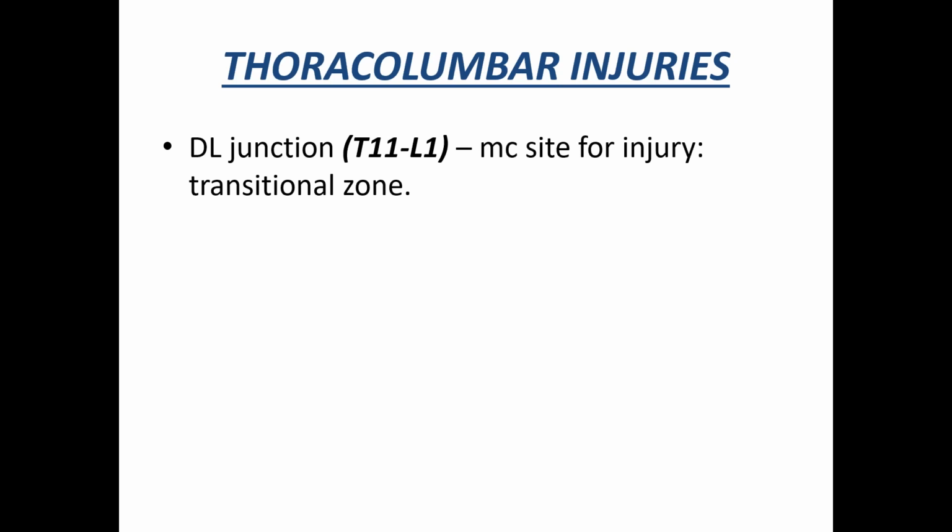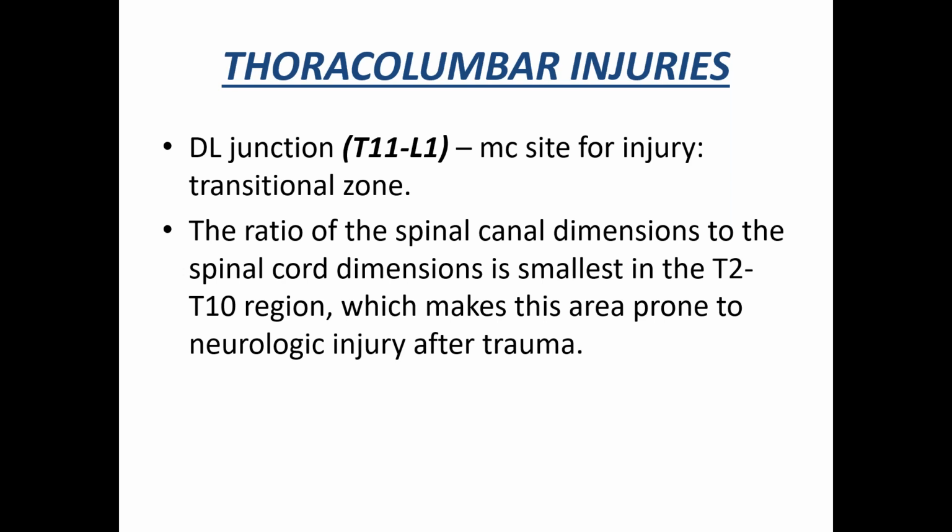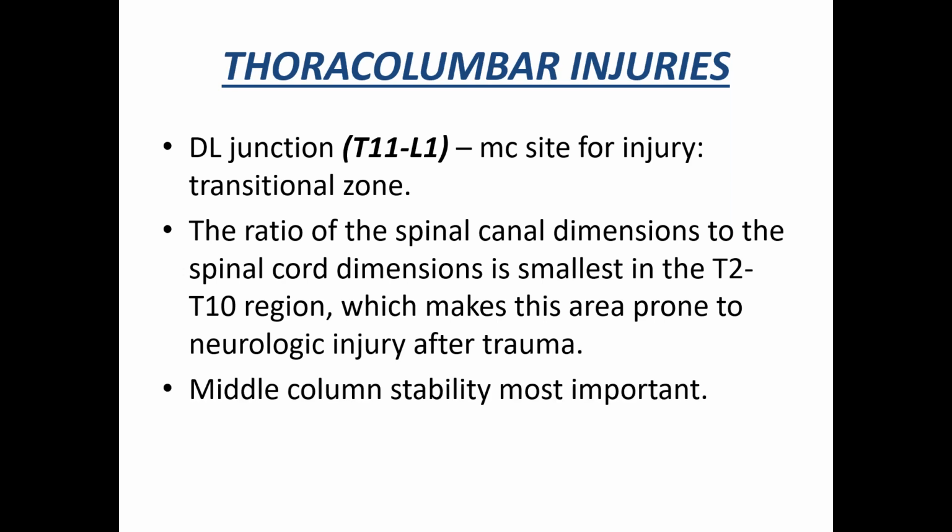The thoracolumbar junction is the most common site for injuries because of the transitional zone. The most mobile segment is there. The ratio of spinal canal dimension to spinal cord dimension is smallest in the T2 to T10 region, the dorsal spine, which makes the area prone to neurological injury after trauma.